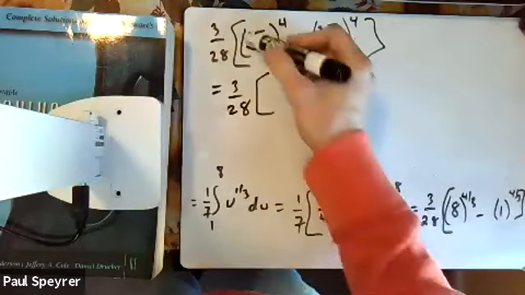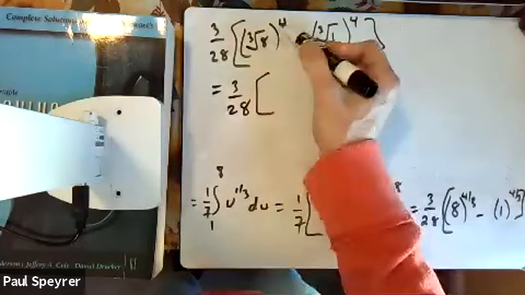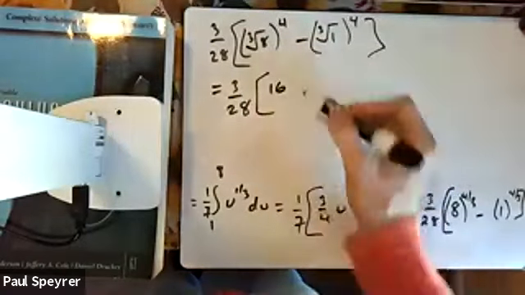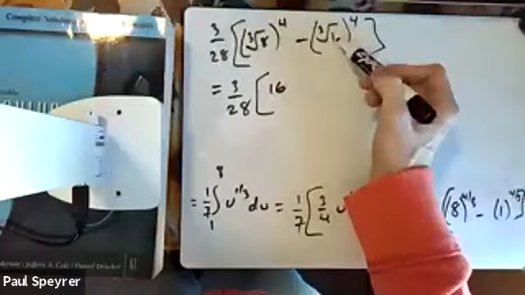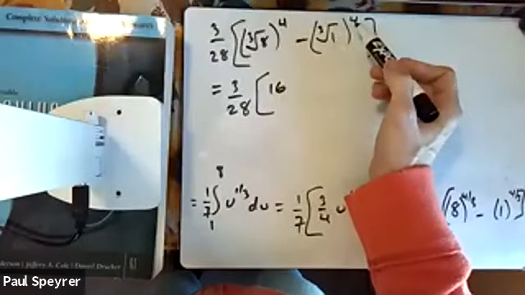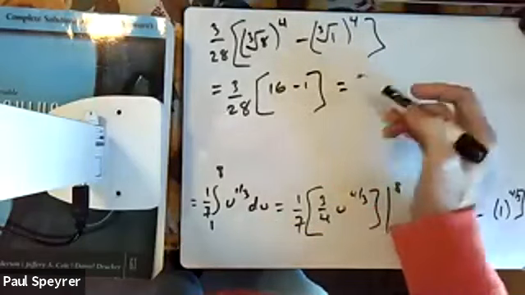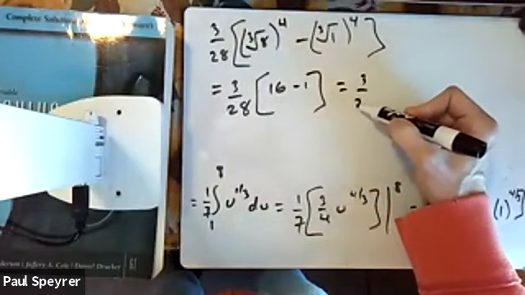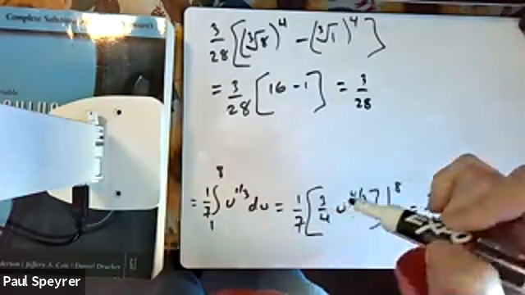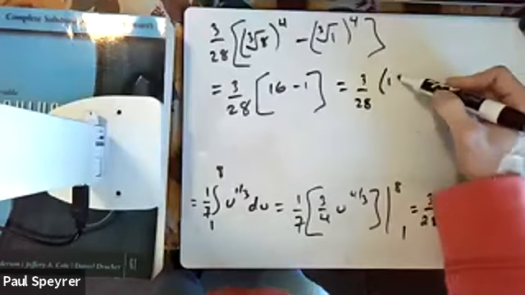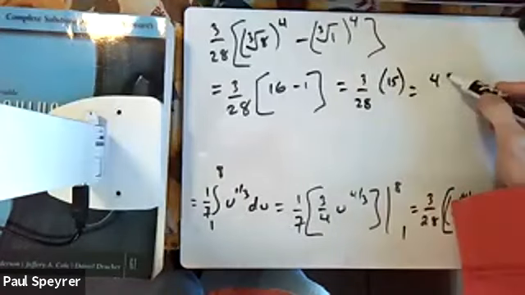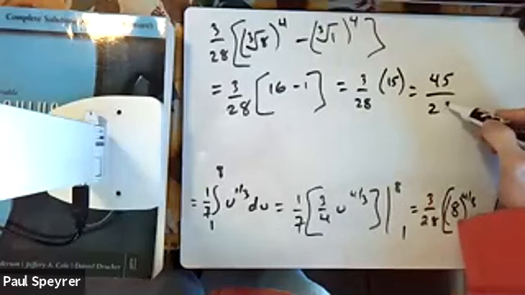What's 2 to the 4th? 16. What is cube root of 1? 1 to the 4th is 1. So now we have 3 over 28, and then times 15, basically. And then you get 45 over 28.